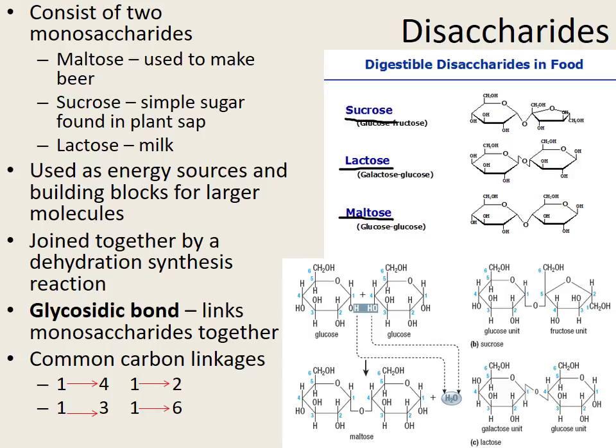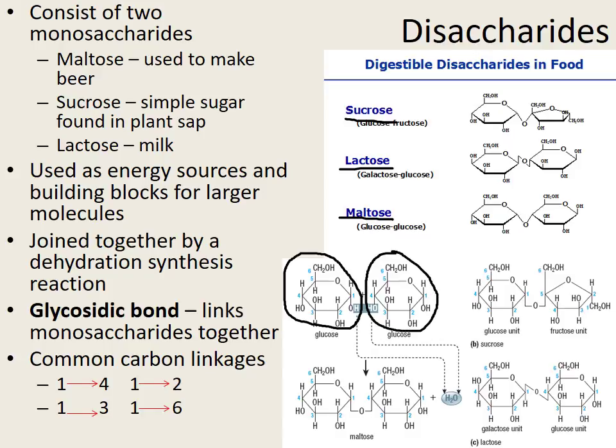Taking a look here, disaccharides are formed in our cells, but they're also broken down in our cells. If we were to take a look at the reaction between 2 monosaccharide units here, we have 1 and we have 2.